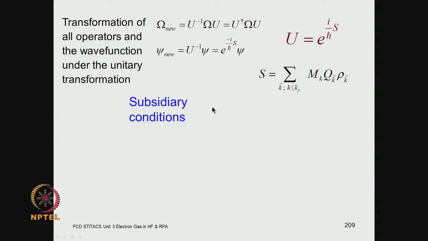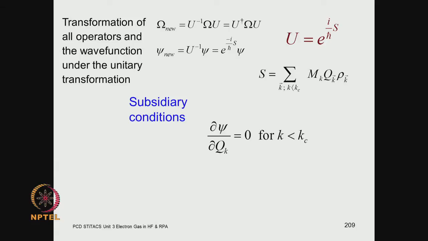We do have the subsidiary conditions that the wave function cannot depend on any additional degrees of freedom. We already recognize that k must be less than kc, and whenever k is less than kc, the wave function cannot depend on any additional degree of freedom, because all the dependence on coordinates is already explicitly spelled out in the dependence on the lowercase q, which are the original coordinates we used in setting up the Hamiltonian for the electron gas.